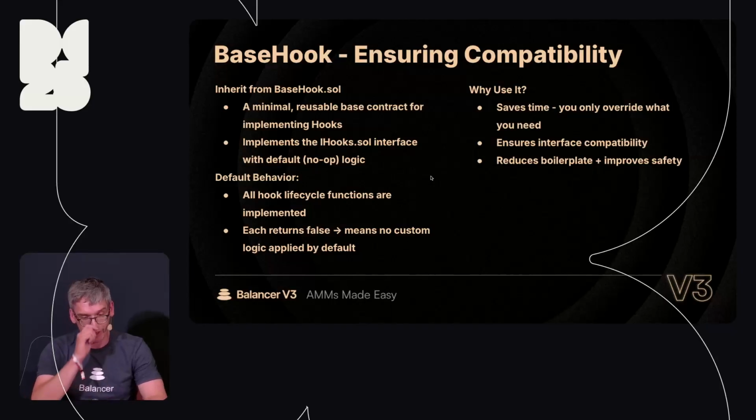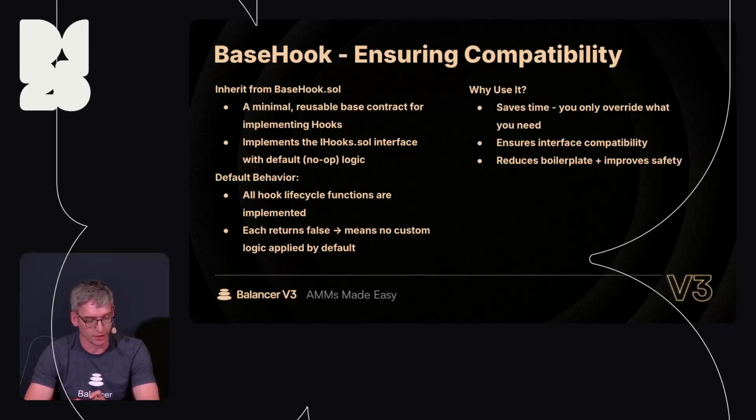The next one is the base hook. It's another one that can be inherited and basically implements a minimal default hook that your hook should follow. You can override any of the functions that you want to implement and be sure that anything you have not implemented will be covered correctly.